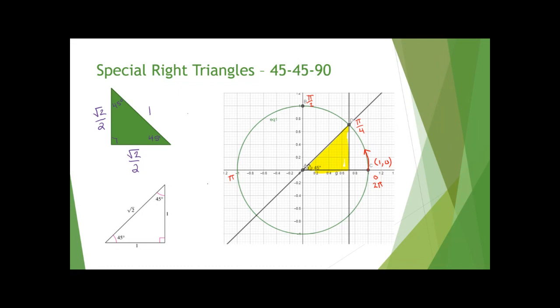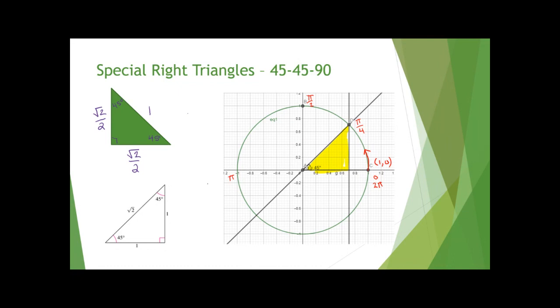I would just try to memorize either the top triangle or the bottom one, whichever makes more sense to you. We're moving counterclockwise, and if we look at our circle, 45 degrees is akin to pi over 4. The circle is in radians. Radians is another way to think about degrees.